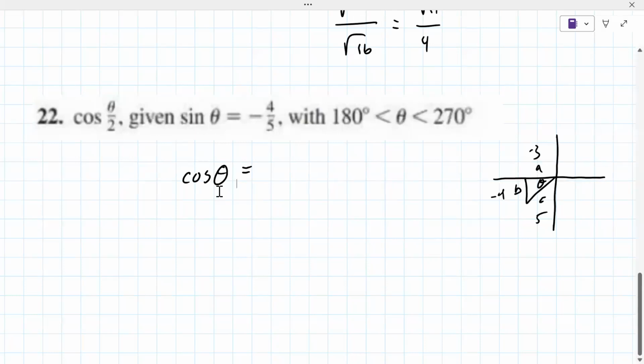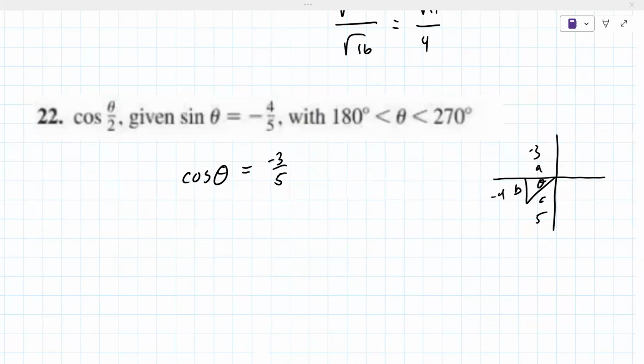Now this time you do actually need the cosine of theta because the formula for cosine of theta over 2 relies on that. So could you tell me the cosine of theta? -3/5. -3/5, good.